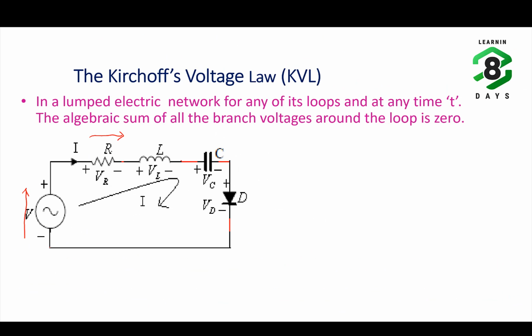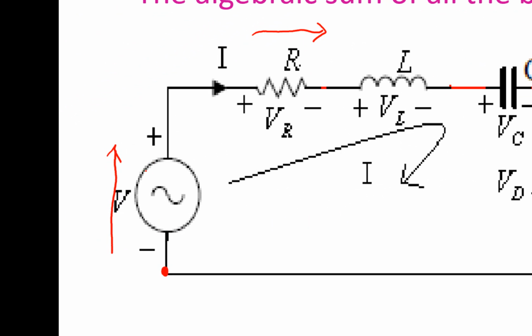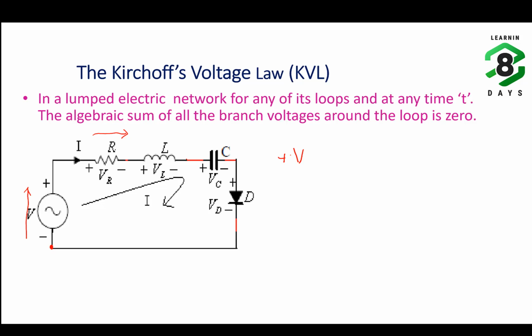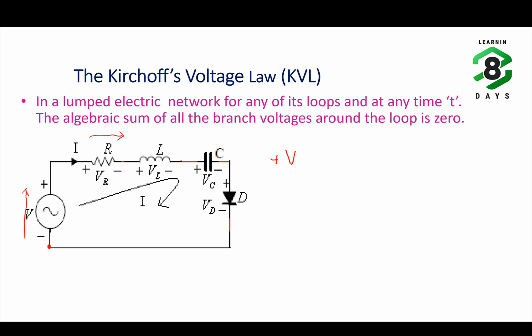So let us start from this point. When you traverse through this element, we are traversing from negative to positive polarity, so it is a potential rise, that is plus V. Now when you traverse through the resistor, it is a potential drop, minus, what is the current?